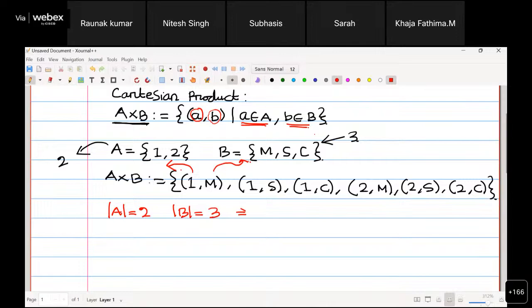So that's why the cardinality of A cross B is nothing but 2 times 3, which is 6.